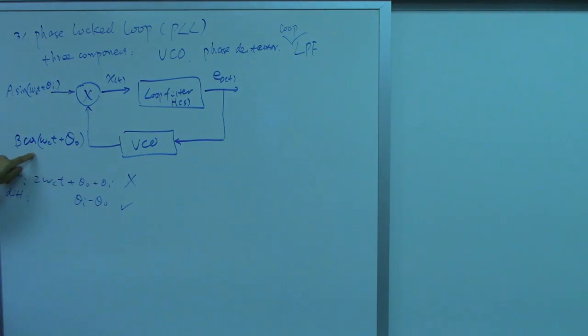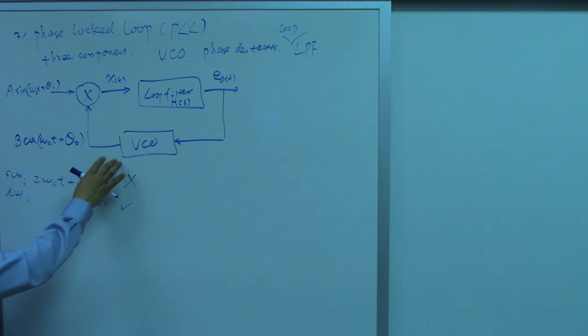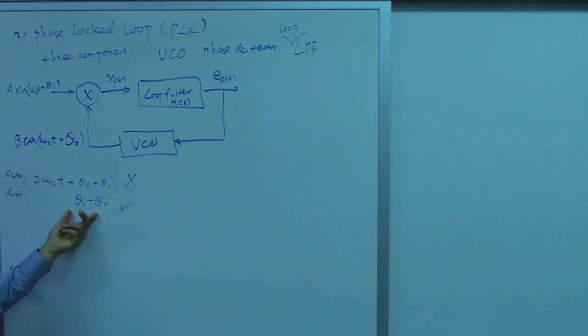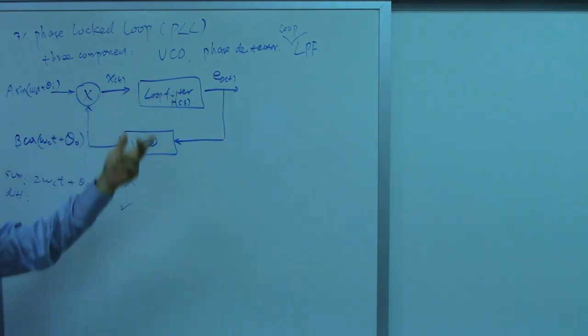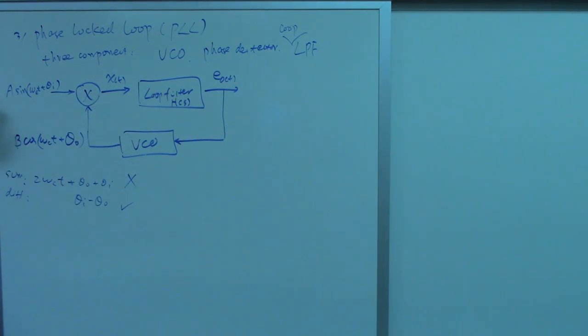Then the oscillating frequency will change. Hopefully it will make this one closer to the frequency here, and then make this difference smaller. So after several loops, the frequency will be the same. So this is how the PLL works.